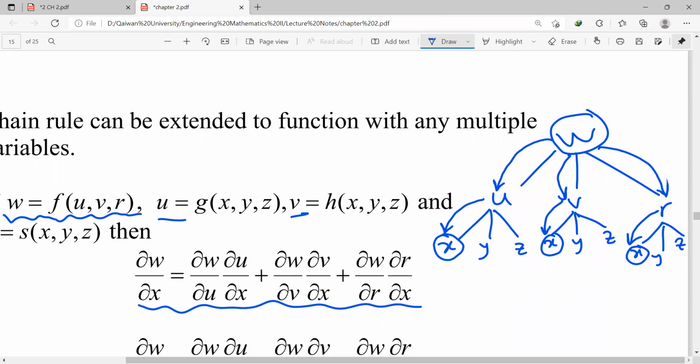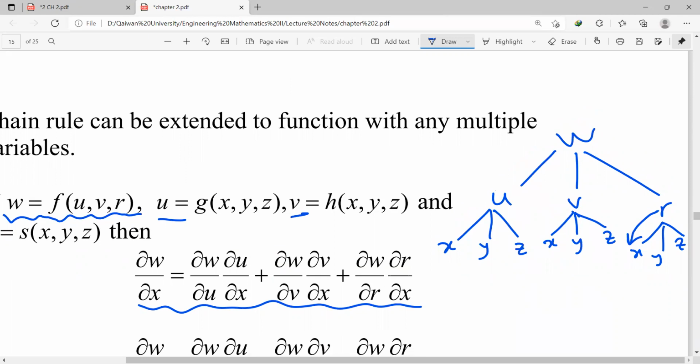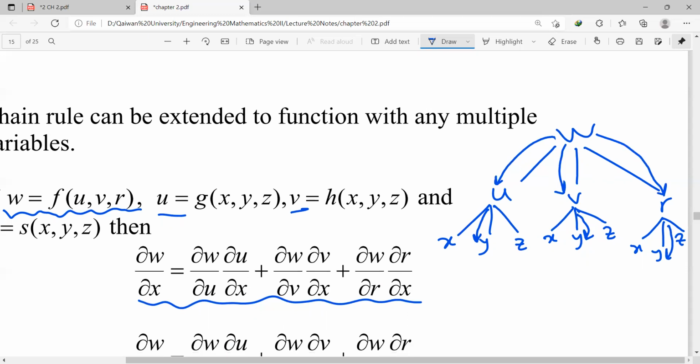For partial w by partial y, we do the same, but for y. We say partial w by partial u times partial u by partial y, plus partial w by partial v times partial v by partial y, plus partial w by partial r times partial r by partial y.